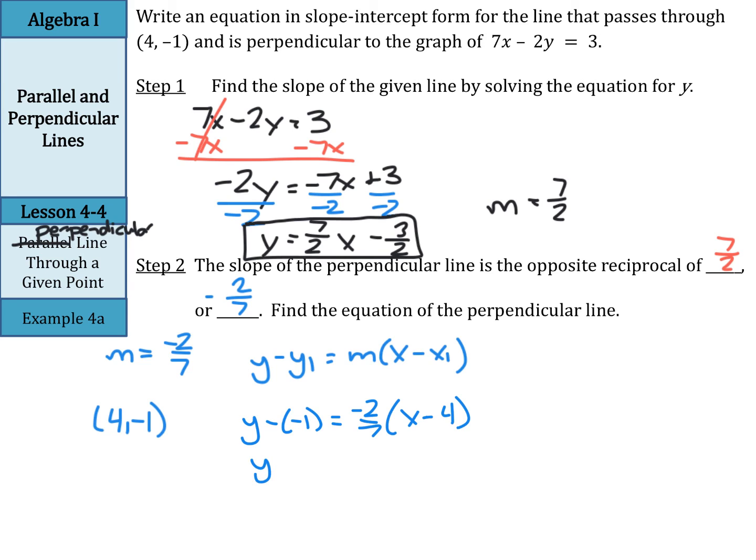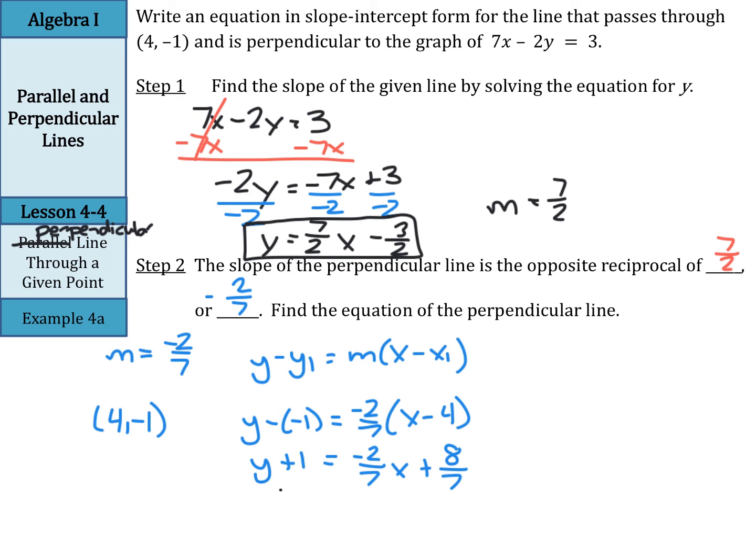Simplify, we have y plus 1 equals, distribute now, negative 2/7 times x is negative 2/7 x, and then negative 2/7 times a negative 4 is going to be a positive 8/7. Now we need to get this into slope-intercept form, so we need to move this 1 on over.